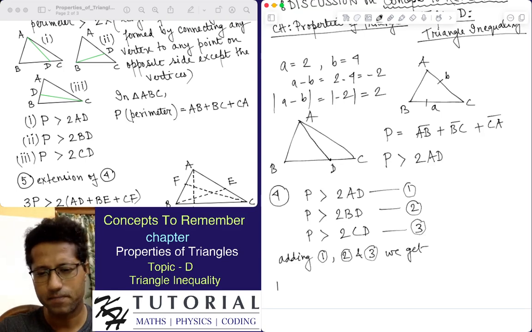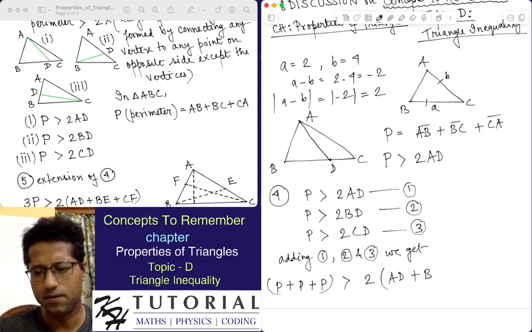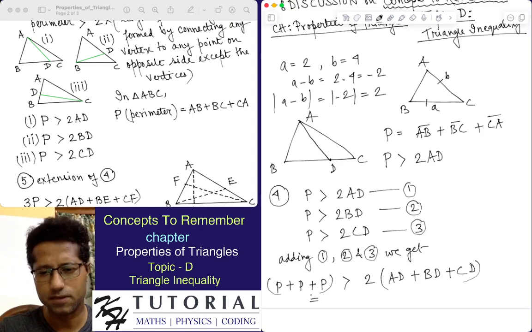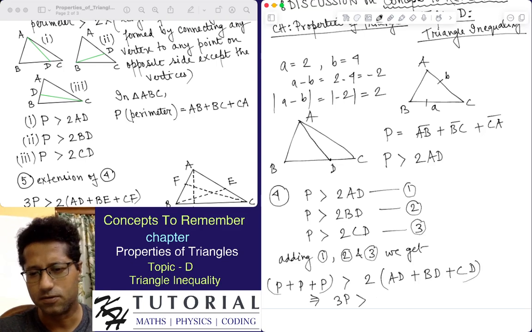So we have P plus P plus P is greater than twice AD plus BD plus CD. So this implies 3P, where P is the perimeter of the triangle ABC, is greater than twice AD plus BD plus CD.